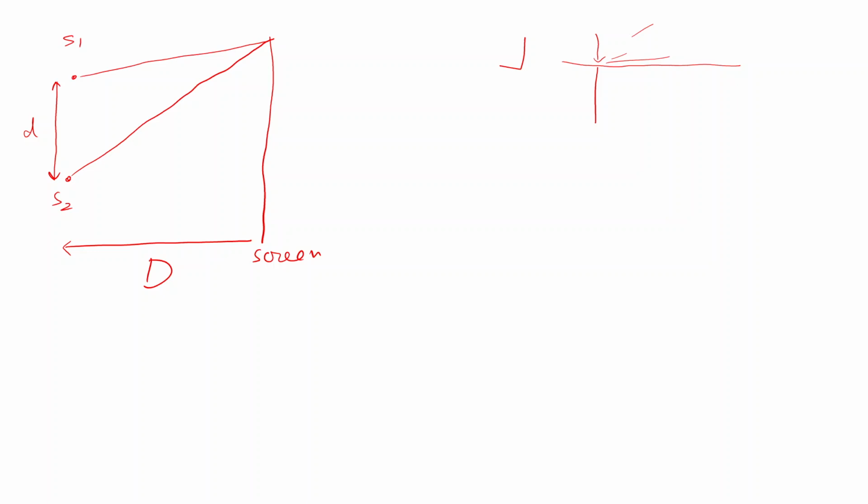When they reach this point, let's call it capital R on the screen, there is a path difference.